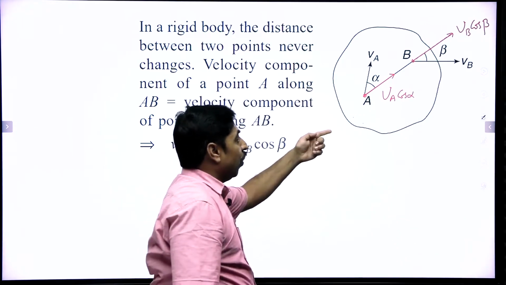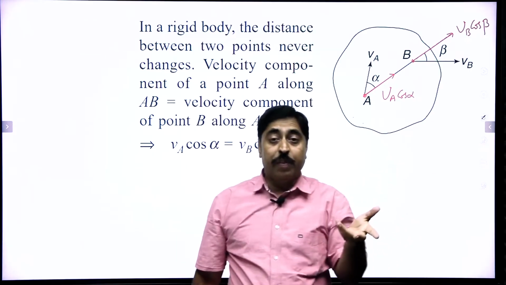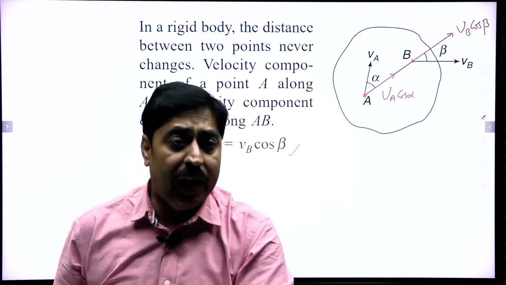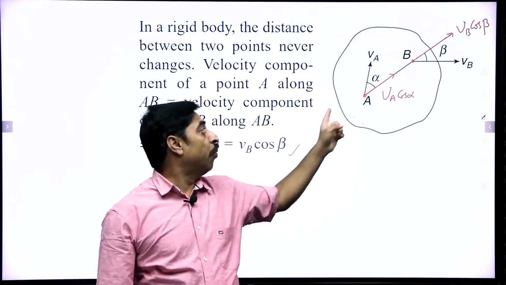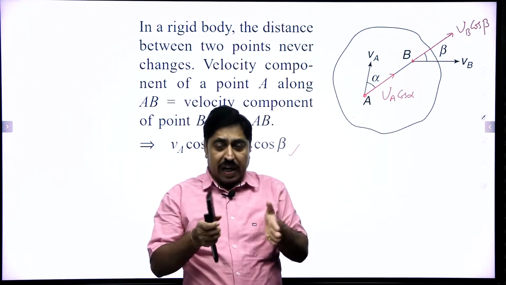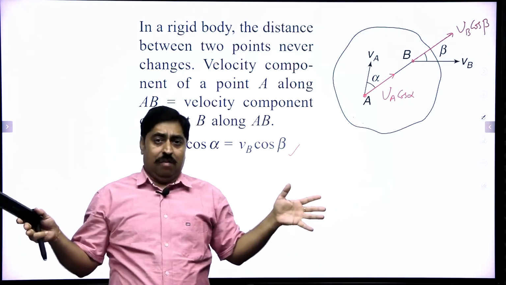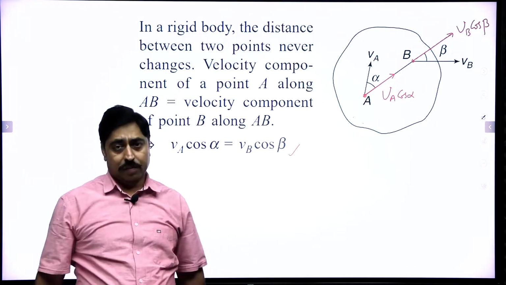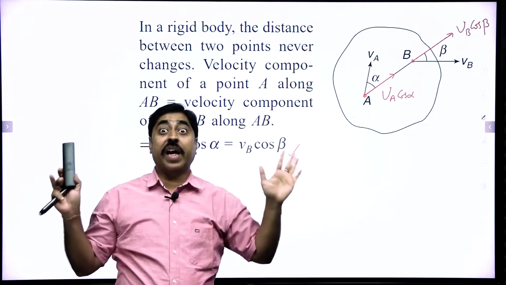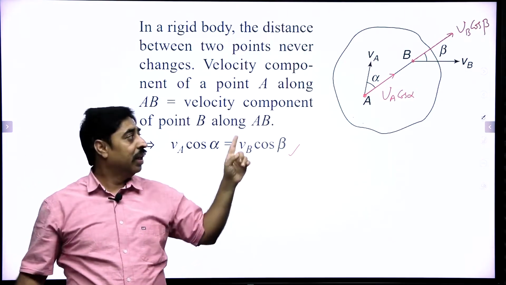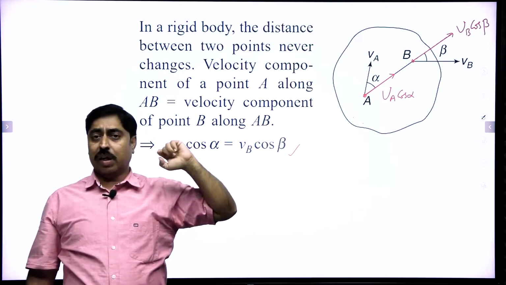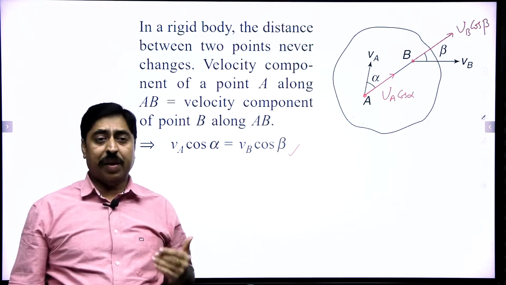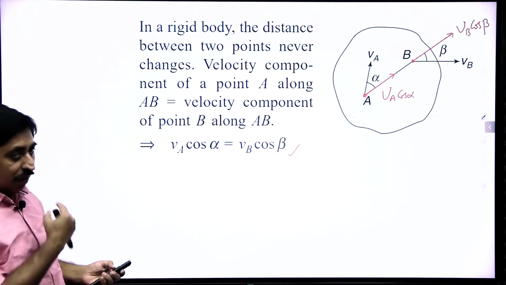So, when VA cos alpha is equal to VB cos beta, it simply means the distance between points A and B will not change. The two points are neither getting separated from one another, nor getting closer to one another. So, these 2 points will stay at constant separation if this condition holds, that the velocity component of both the points along the line joining them is the same. So, this is very important. This is the first important point.